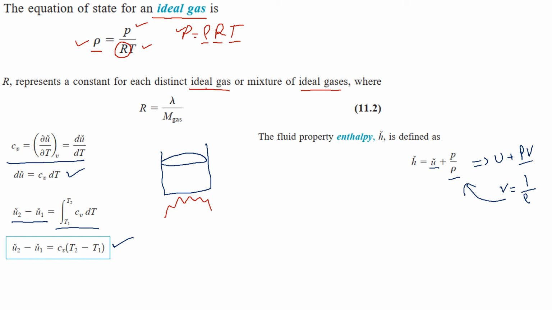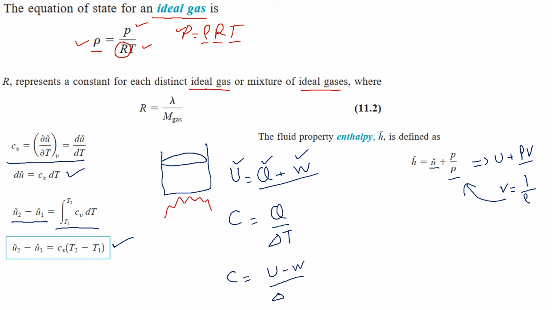So that equation that we wrote, that change in internal energy is equal to the change in the heat content plus the work done on the system, that the internal energy will change when we supply heat to a system or do work on the system. So again, using that equation for specific heat capacity, that is Q over delta T, and now again rearranging that for U minus W over delta T.